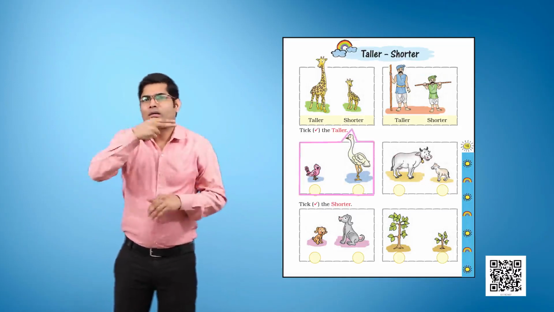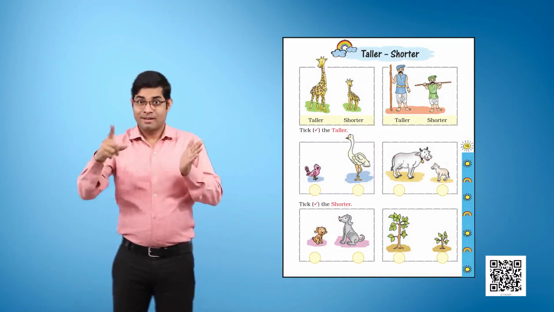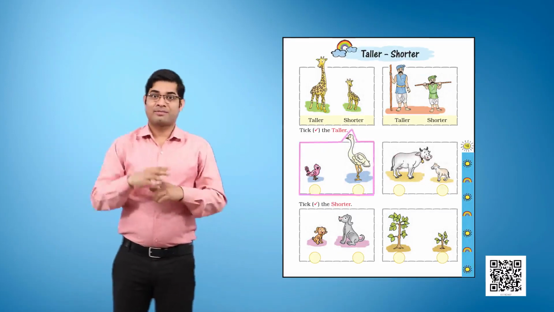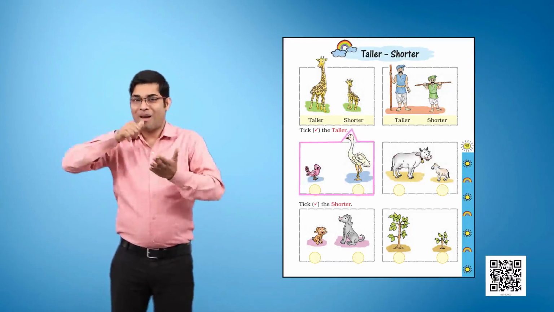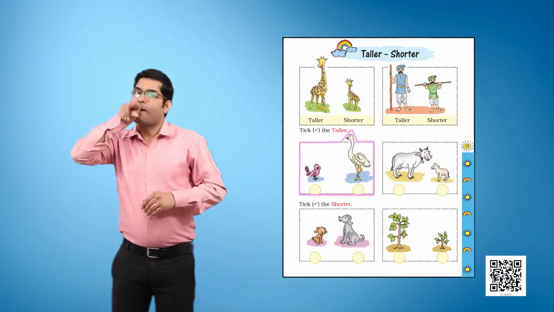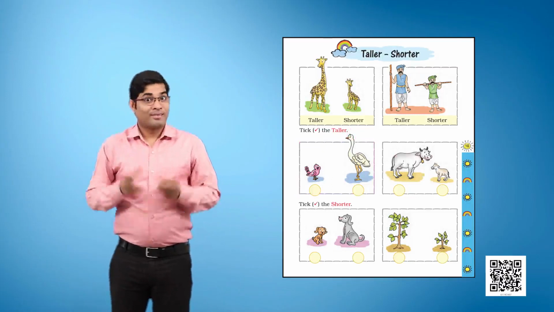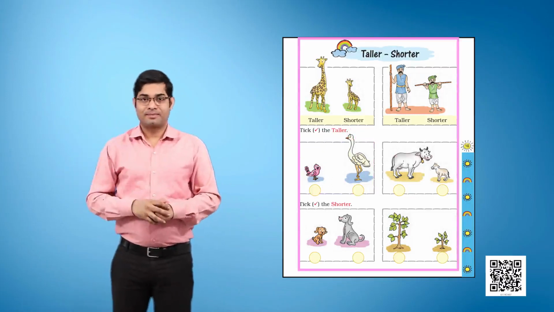Swan. A swan is a big white bird with a long neck, and it lives near water bodies. Let's begin reading page 95.